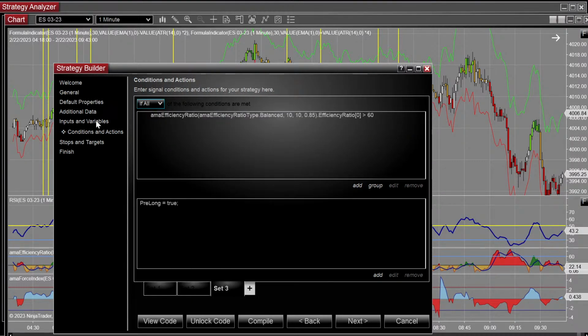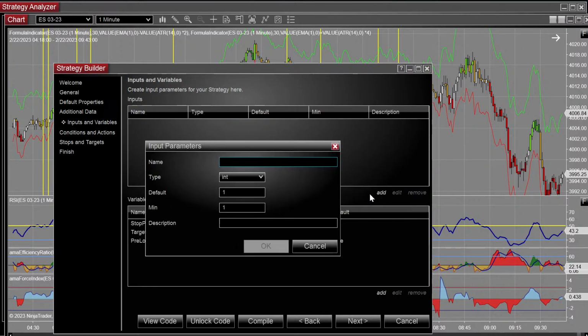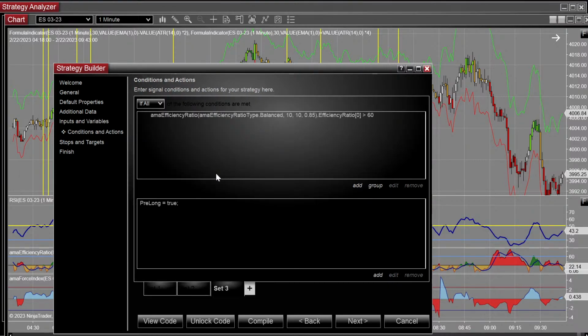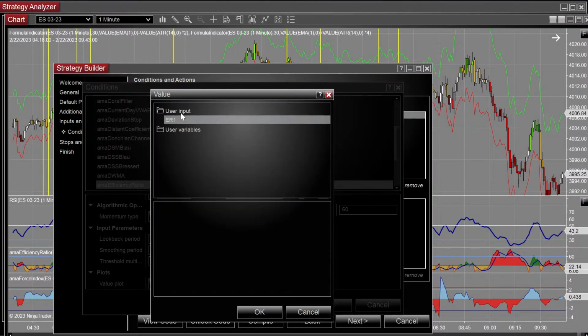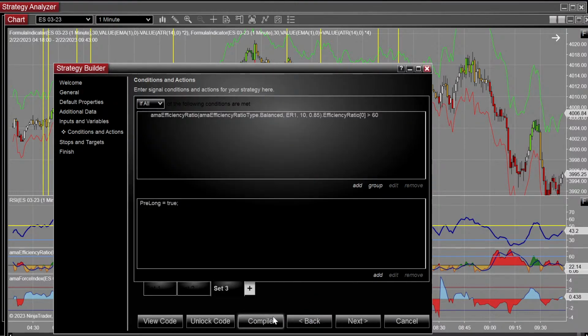So then we set a variable, what is the ER1? Default's 10. Set the input to 10.